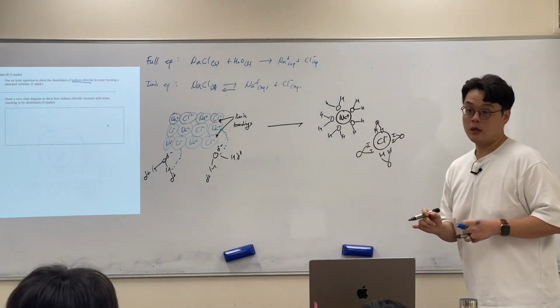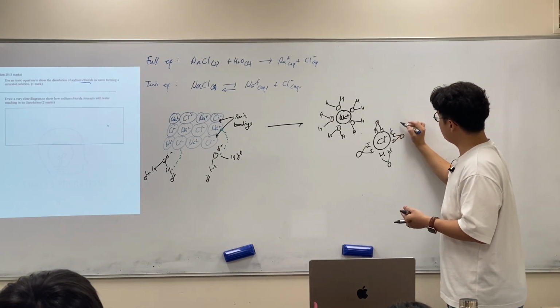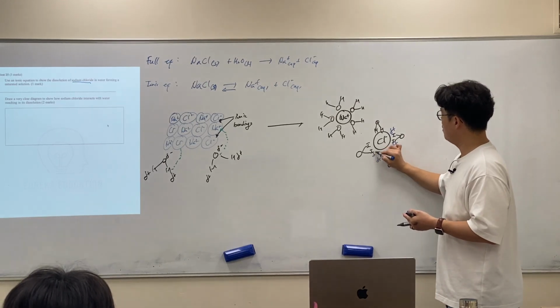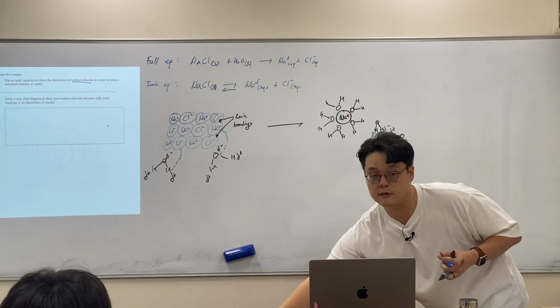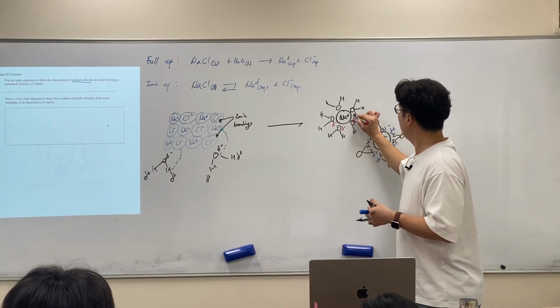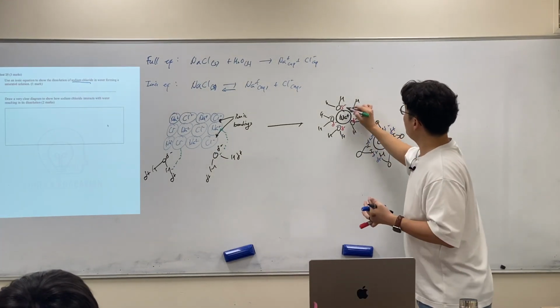Like that. Due to what? There are partial charges: the partial positive of the hydrogens, and the partial negative of the oxygens. So you'll see there is interaction of the partial charges there.